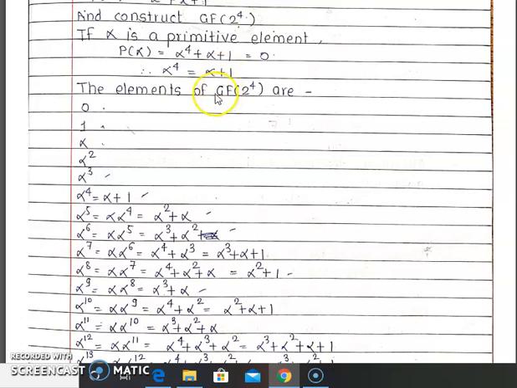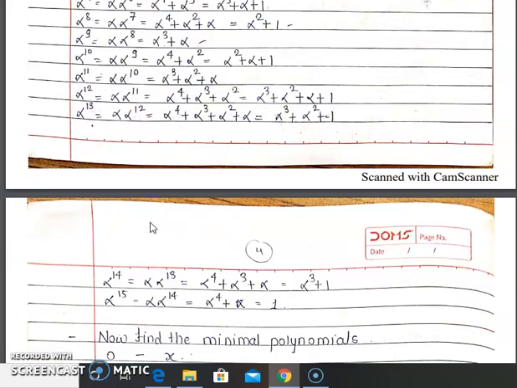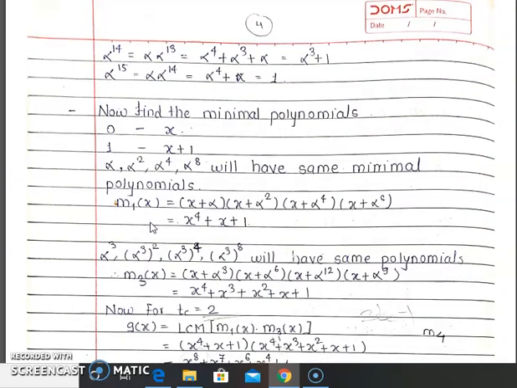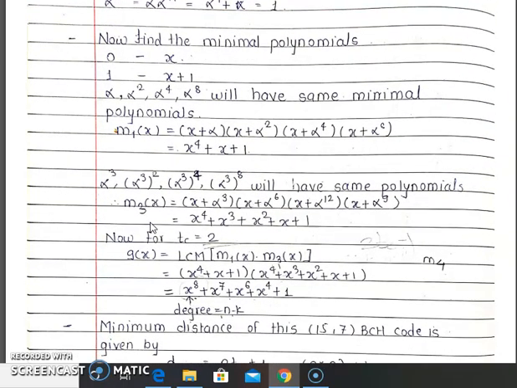So by finding these elements, that is the Galois field elements, the next procedure is to find the minimal polynomials. In BCH numericals, the most important part is the minimal polynomials we find according to the sequence.